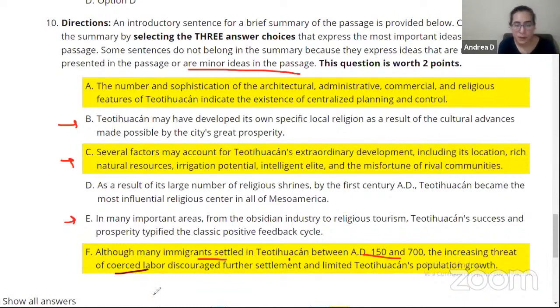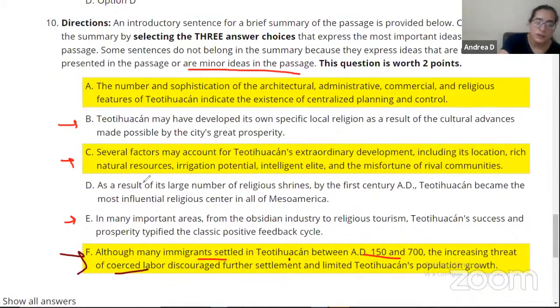So if the idea of the passage is about the development of Teotihuacan in all of its aspects, in every single area, it talks about different things like the resources, the religion, I think the architecture, the elite, the natural disasters, other cities. It's about many different things. It's not just about one thing. So if you see something so specific as, for example, immigrants, then it's probably not going to be that one, okay?